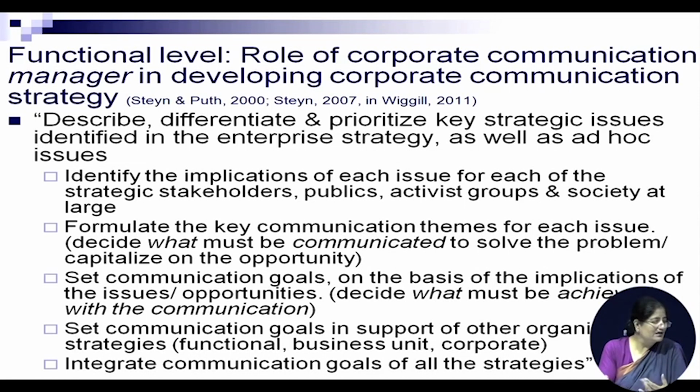And how do we do that? We identify the implications of each issue that we can see and each issue that we cannot see but we can project, that we might see, for each of the strategic stakeholders, publics, activist groups and society at large. Who's going to be affected? Who's going to talk about it? It's not only who's going to be affected, it's also the media these days.